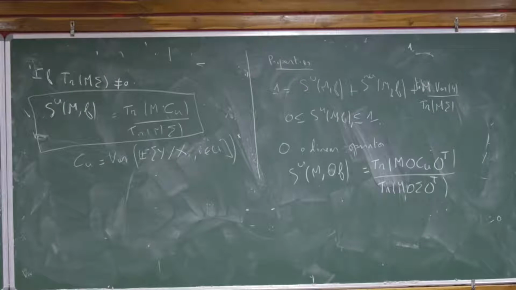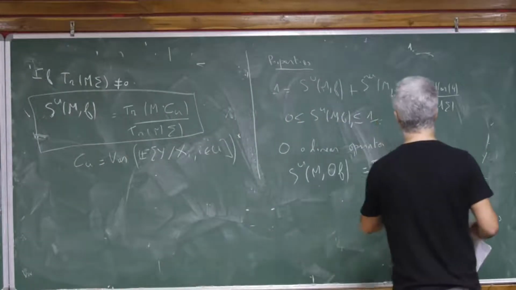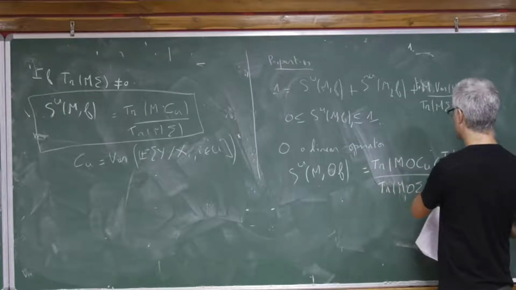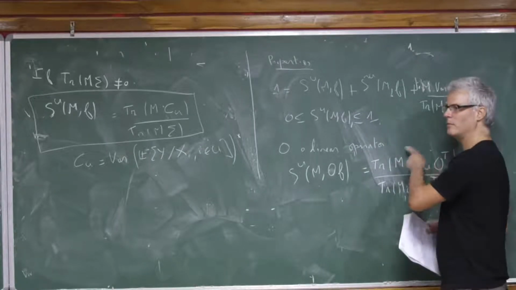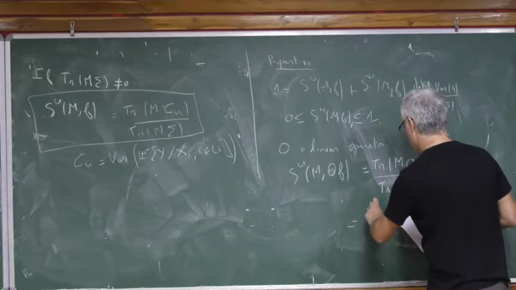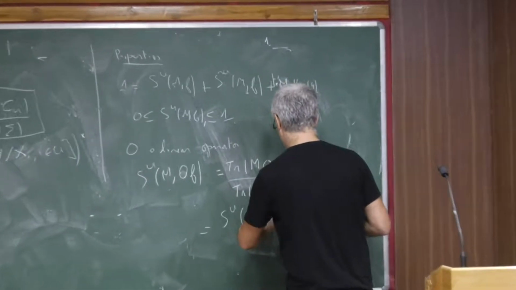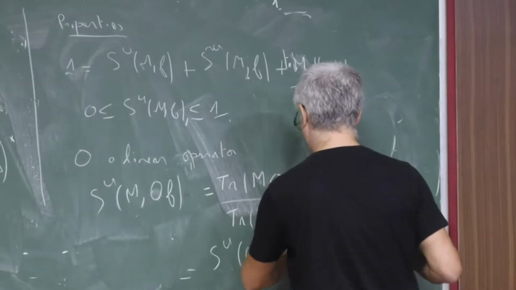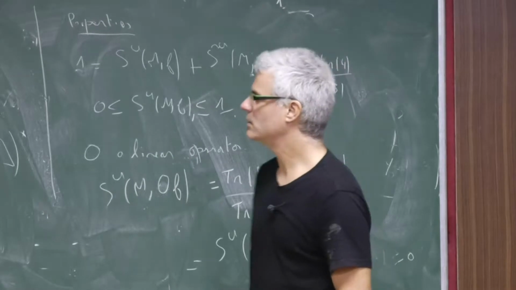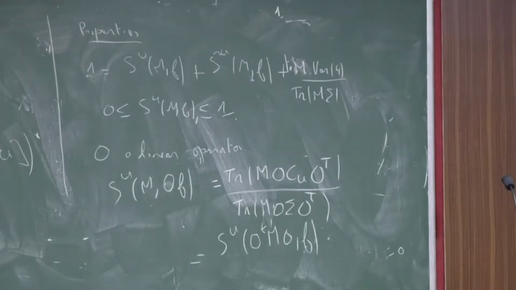So we just get that. Since the trace is invariant by permutation of the matrices, this is just by definition the sensitivity index of F, but replacing the matrix M by the matrix O transpose M O.